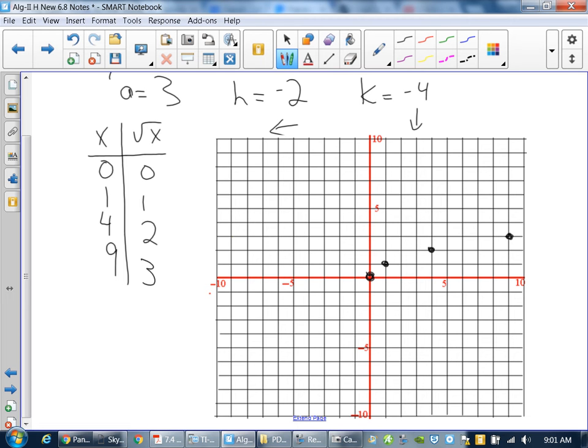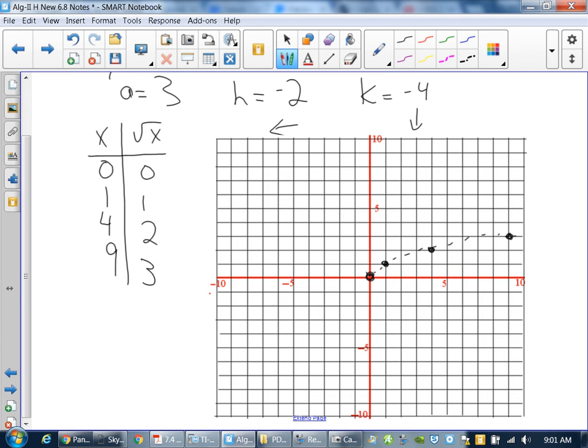Your parent function is there just to help you visualize the general direction of where it should start. I know that the parent function at 0 is not technically there, so I just kind of know that it's going that way to begin with.